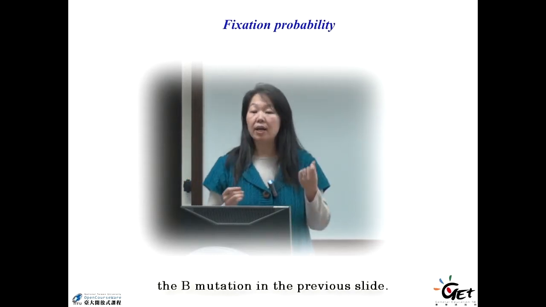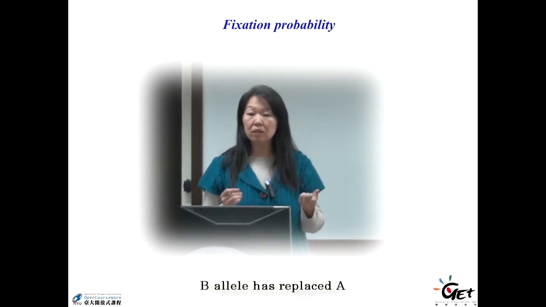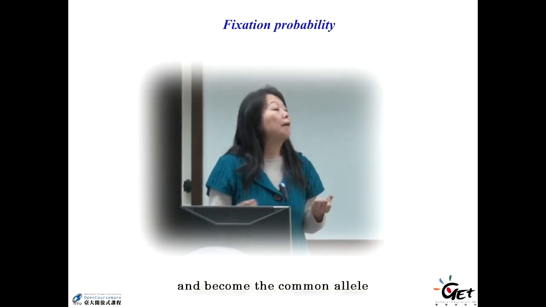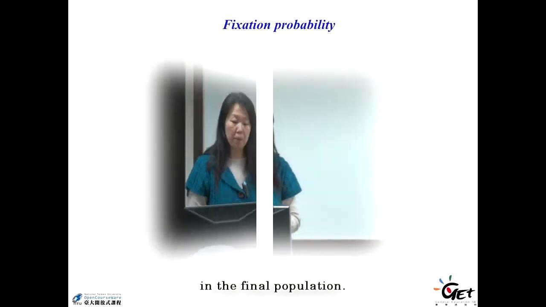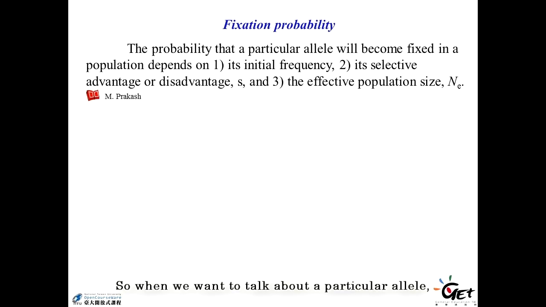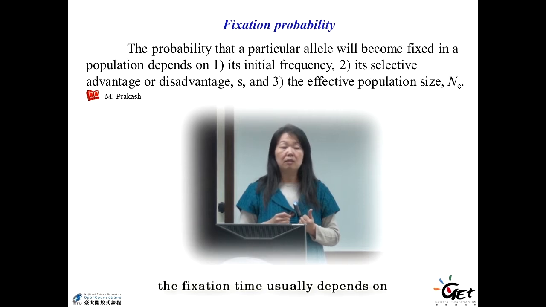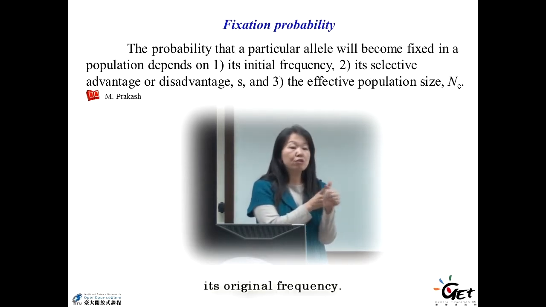In the previous slide, the B allele replaces the A and becomes the common allele in the final population. So when we want to talk about the probability of fixation of a particular allele, what we are concerned with here is the fixation time. As mentioned in this slide, the fixation time usually depends on its original frequency.